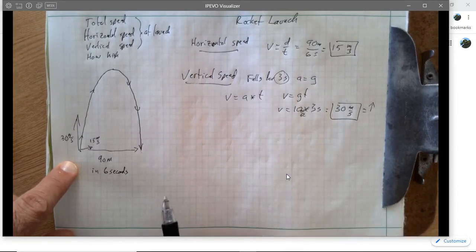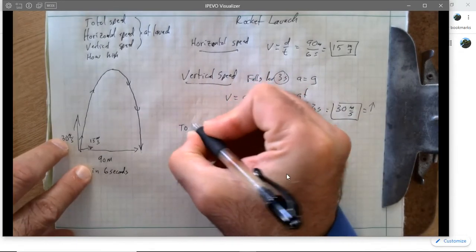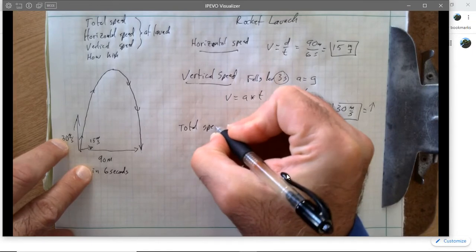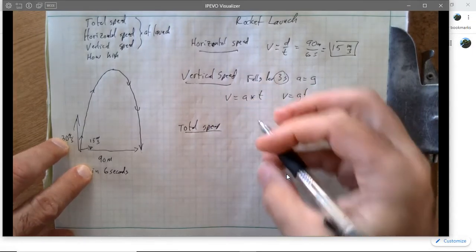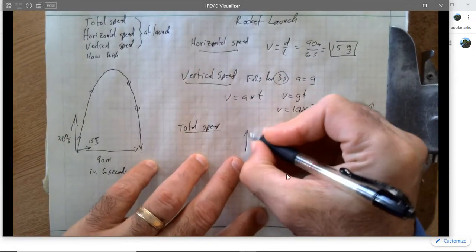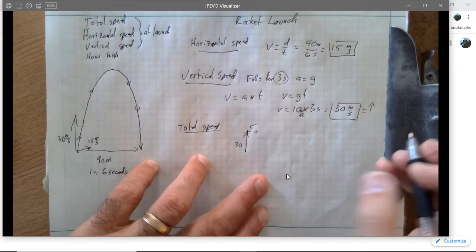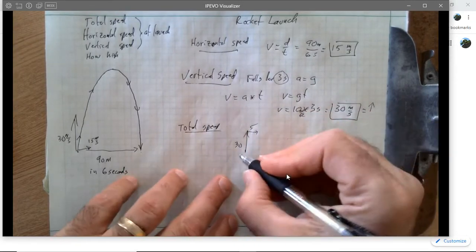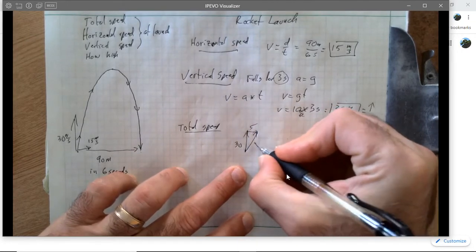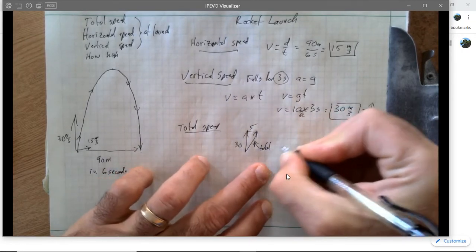That's the vertical speed. Now for total speed, now we're adding vectors. When we launched it, it was going up at 30 and sideways at 5. And we use the Pythagorean theorem, a squared plus b squared equals c squared. This is the total speed.